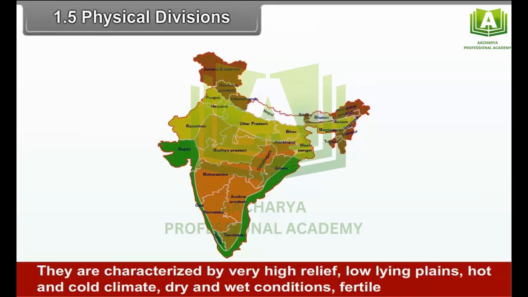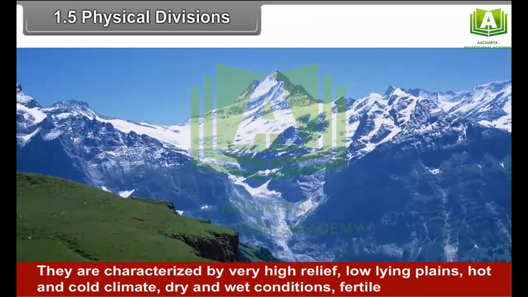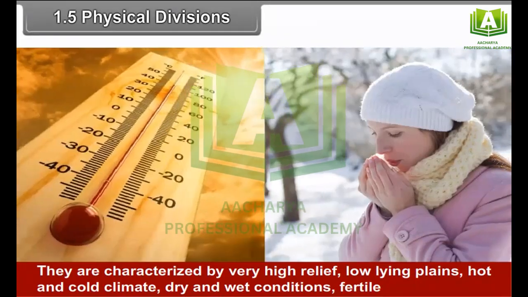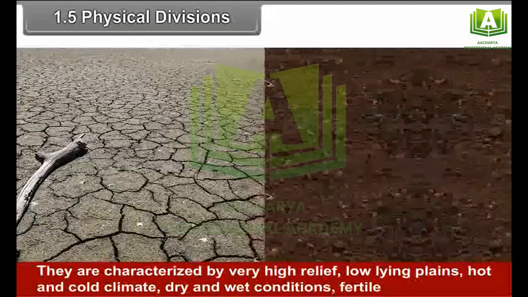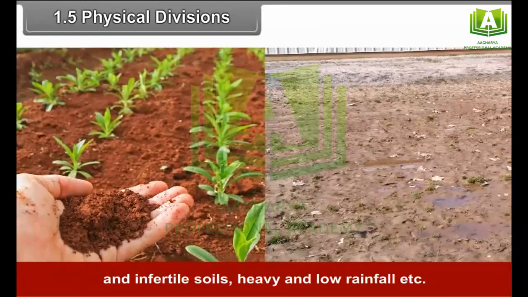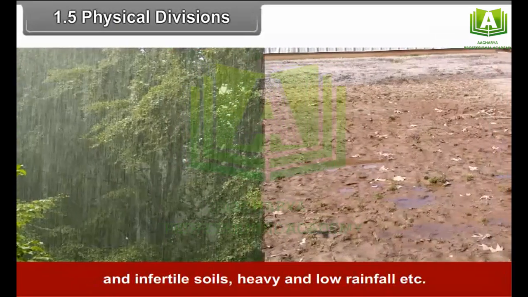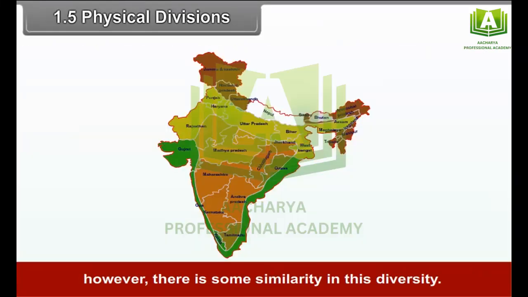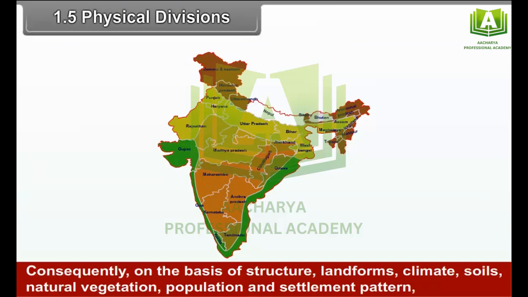They are characterized by very high relief, low-lying plains, hot and cold climate, dry and wet conditions, fertile and infertile soils, heavy and low rainfall, etc.